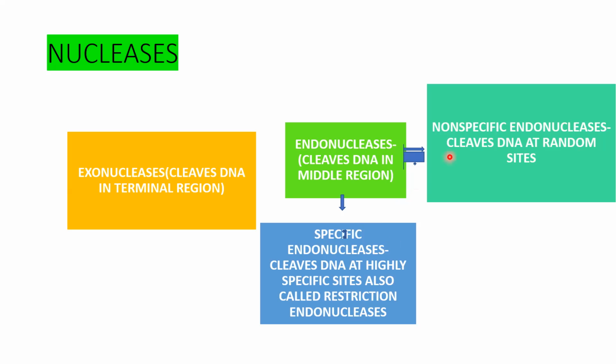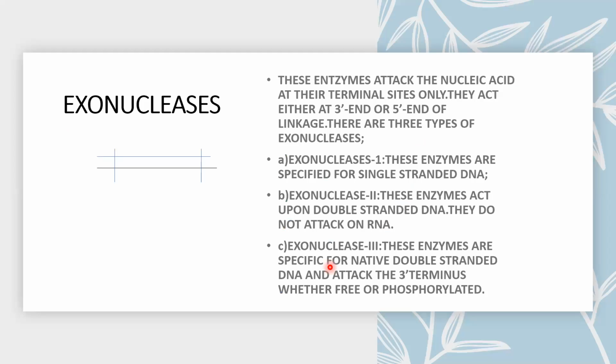And when they cut anywhere in the middle region of the DNA and that breakdown is random, this is called non-specific endonucleases, which cleave DNA at random sites. So we have exonucleases and endonucleases. Endonucleases may be non-specific, cutting DNA at random sites, or specific, cutting at specific sequences.